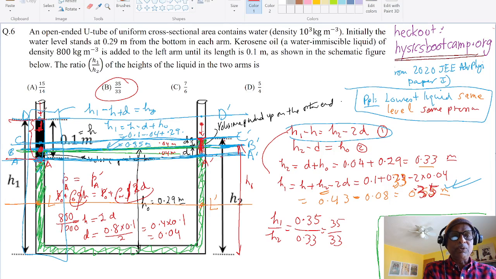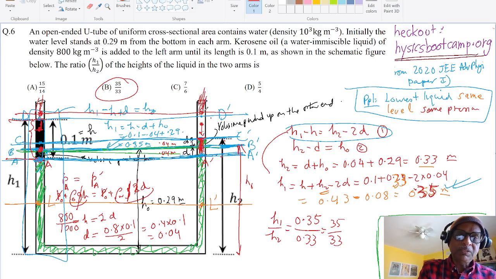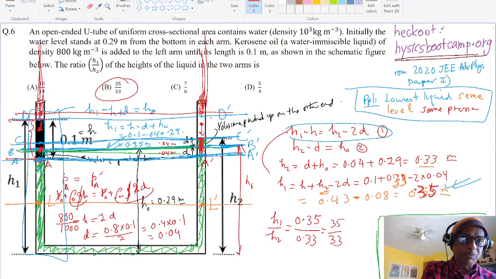Only when you get out over here, you can see this now is atmosphere all above. So this is the same fluid, so the pressure there is the same. As long as you have the same fluid and the same atmosphere, the pressure is the same.